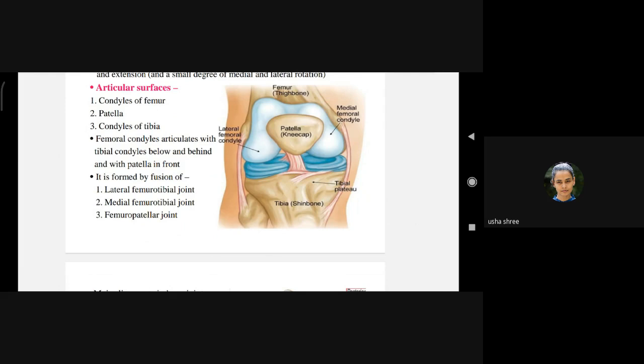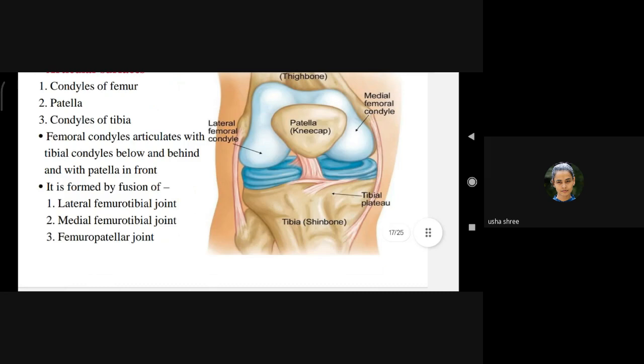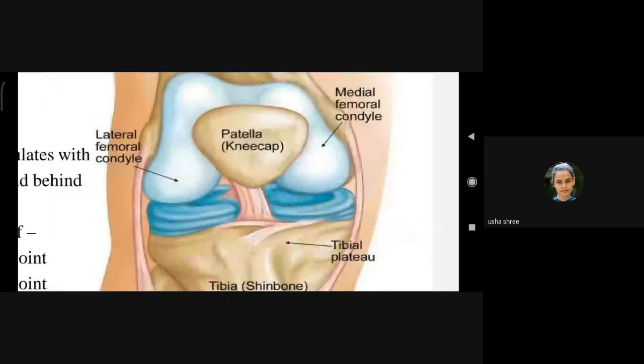It is articulating with femur only. And this femur bone is articulating with tibia laterally and medially too. You can see here in the picture, these two condyles of femur and tibia.